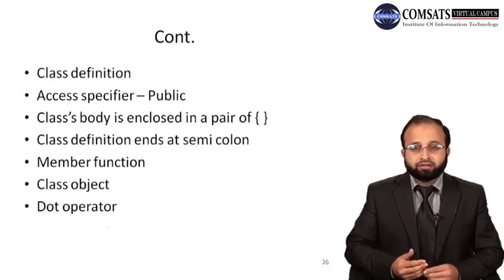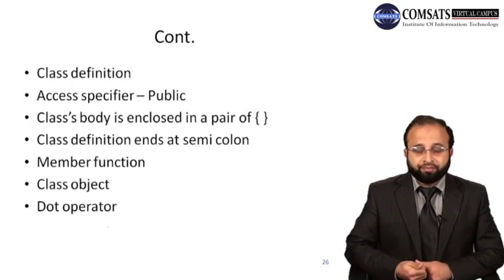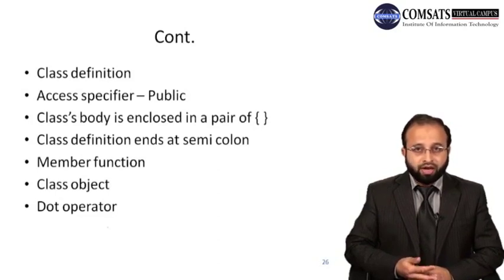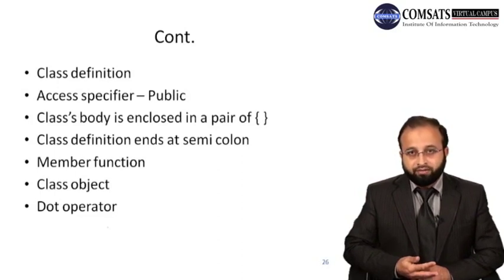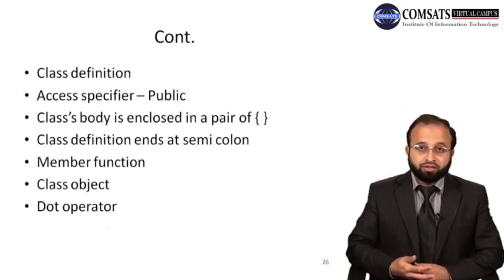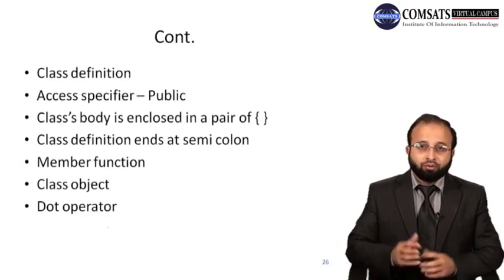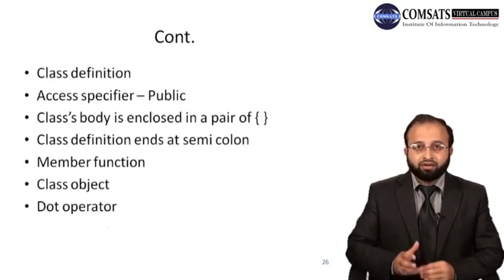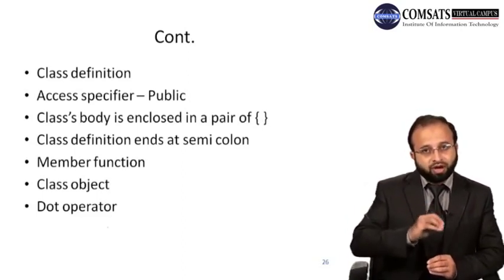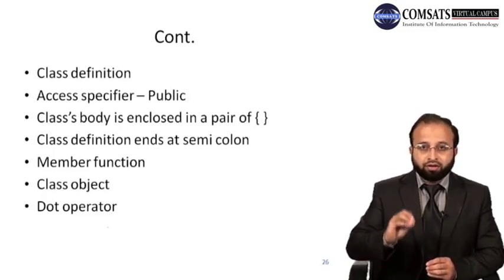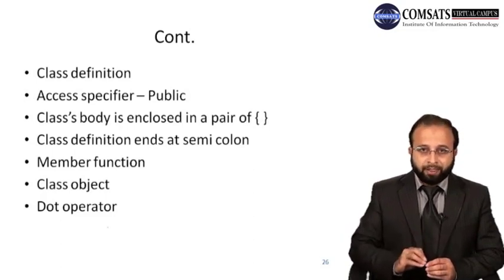Then we have seen that it is not possible to change the state of the object without executing its particular behavior. So in order to change the state of any object, you have to execute its particular behavior. And we have also seen thoroughly that in order to execute the behavior, the object must exist. From the programming perspective, we have to use an object in order to execute its particular behavior.